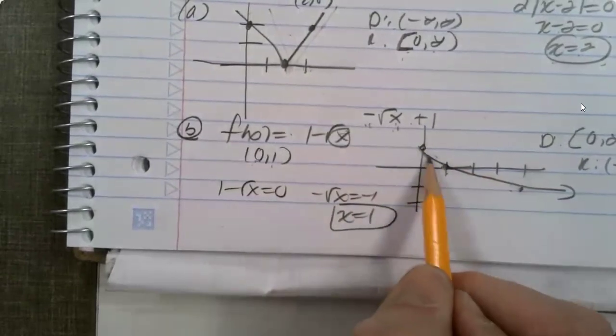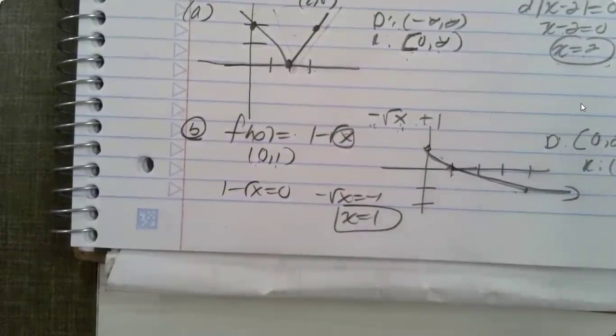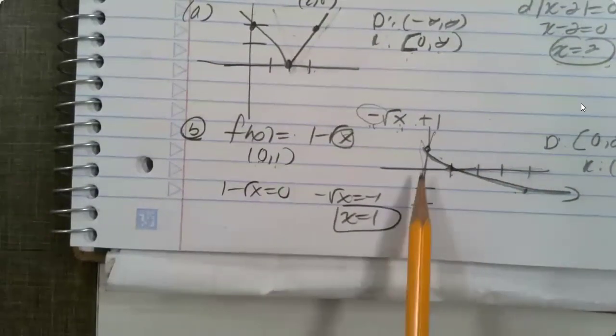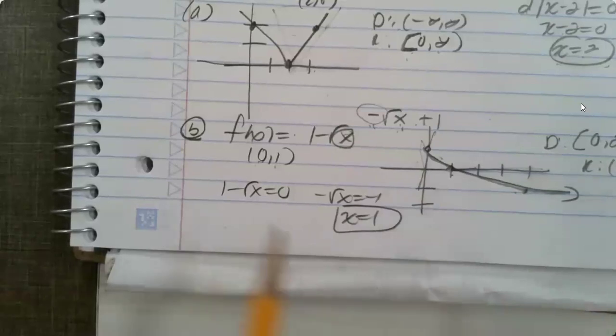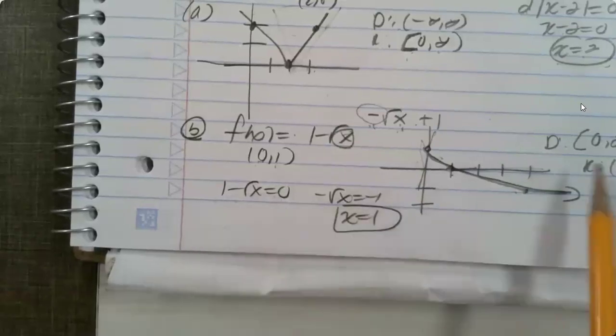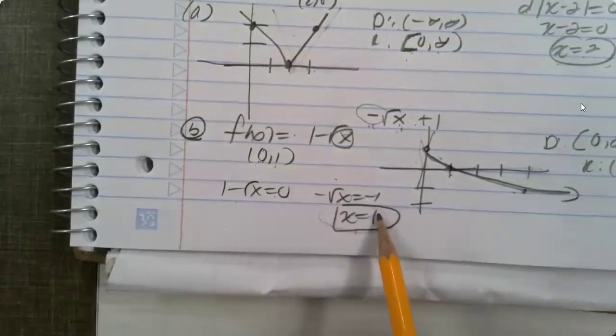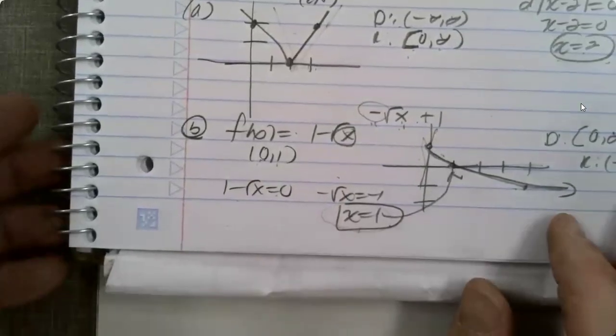This graph is flipped upside down. Why? Because of the negative in front. So therefore, my domain is from 0 to infinity. The range is from negative infinity to 1. When I set this equal to 0, I subtract 1, divide out the negative, and x is 1. That's the 0. That's where the graph should cross the x-axis.